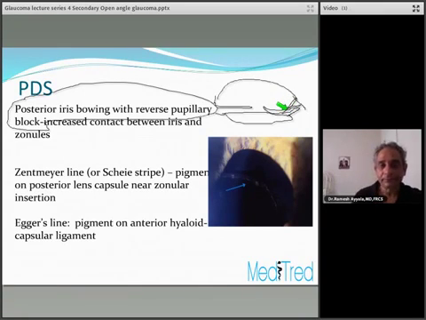Okay, if this is the cornea, here is the anterior chamber. Here is your lens. This is the normal iris, which is lying on the surface of the lens, whereas here you can see that the iris is flat as opposed to in pigment dispersion patients where the iris is bent backwards in a concave fashion.